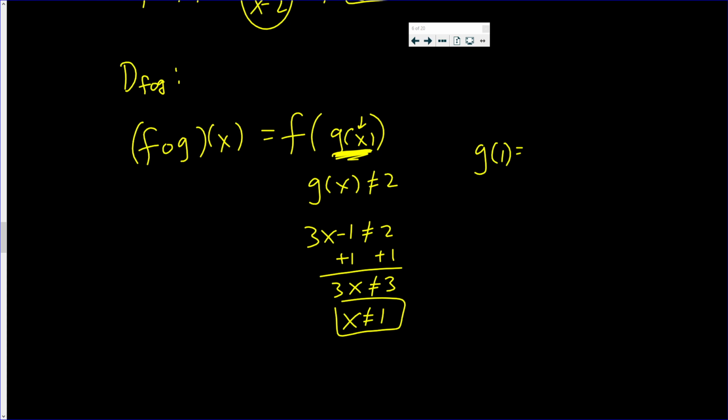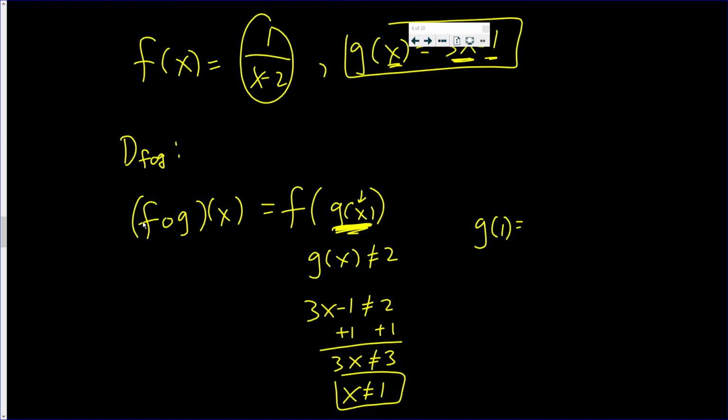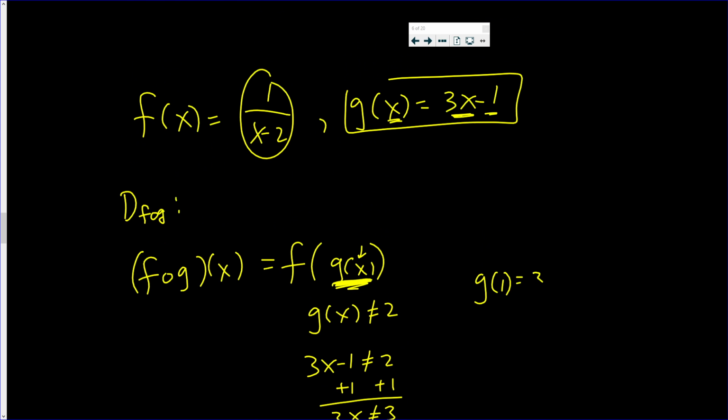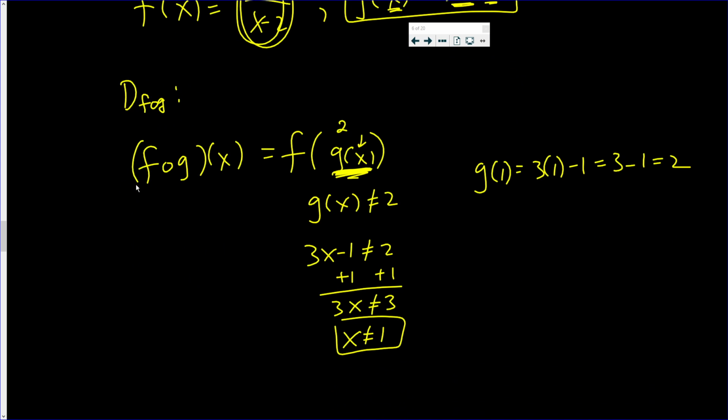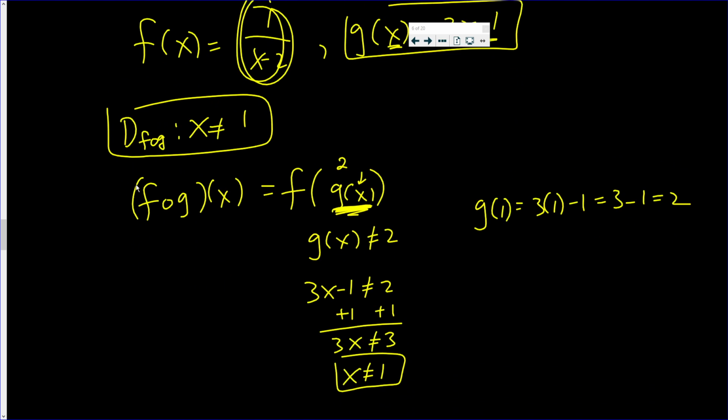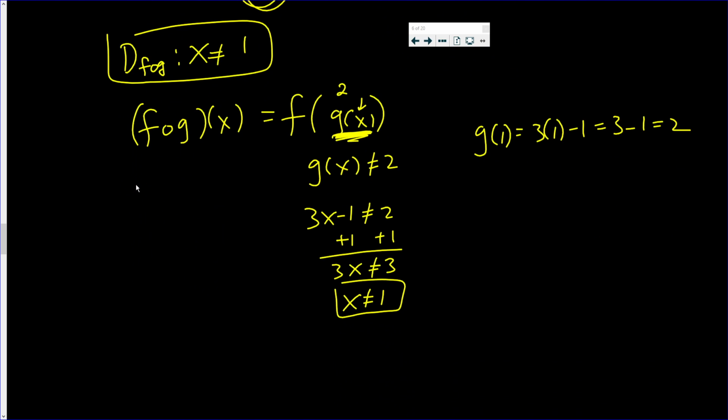It is 3 times 1 minus 1. It's 3 minus 1 is 2. G of 1 is 2. And I can't take f of 2. So we have that the domain is x cannot be 1. Alright, so we have that.